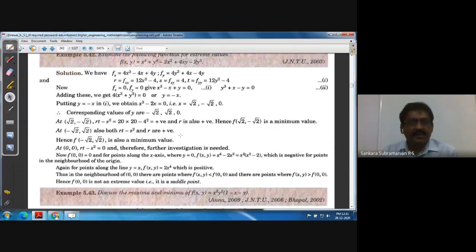And minus root 2, plus root 2 is also a minimum value. So the function attains minimum at 2 points, either plus root 2, minus root 2, or minus root 2, plus root 2.